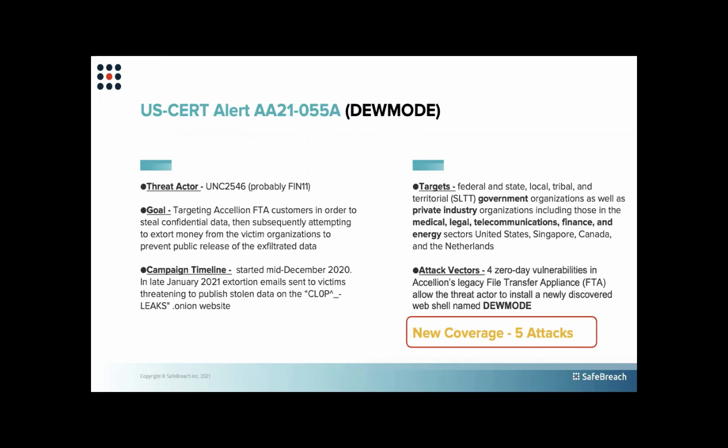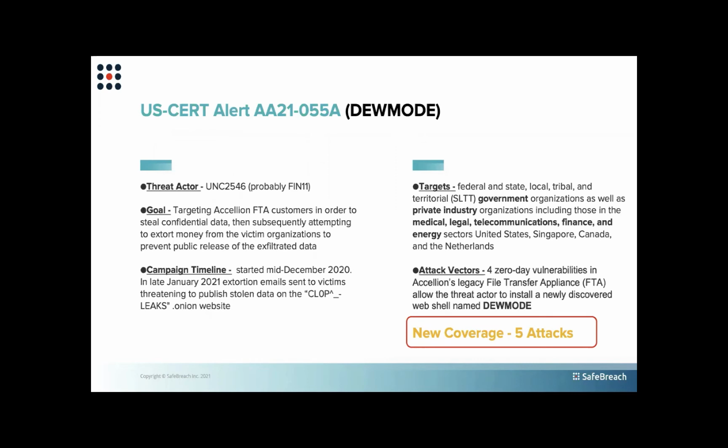It's a Tor website for anonymity. So it was like a two-stage attack, and they also used 4 zero-day vulnerabilities, but they were all limited to this legacy file transfer appliance.